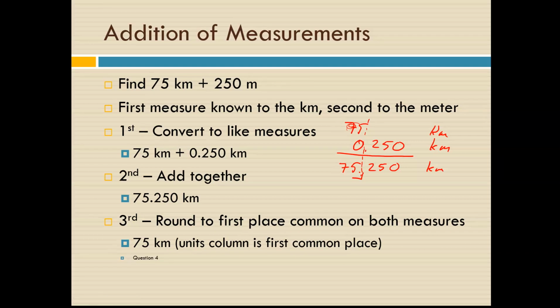Now, what if instead of adding 250 meters, I added 750 meters? What would the answer be then? 76 kilometers. Okay? Because we could think in terms of rounding, right? 750 meters is close to 1 kilometer, so it's very likely that I'll actually bump the actual number up.